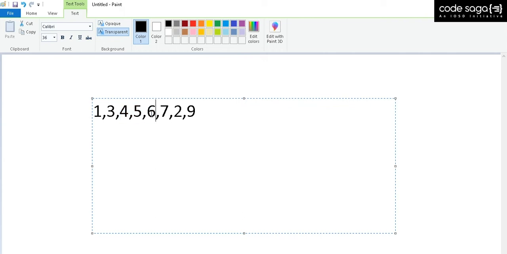As this is the first one, we don't have to worry about the previous even integer and the repetition of the sequence. So the number of ways this contiguous subsequence can be selected is the number of elements before it plus 1, which is 2 plus 1, into the number of elements after it, which is 3 plus 1, which is equal to 12. So this subsequence can be selected in 12 ways.